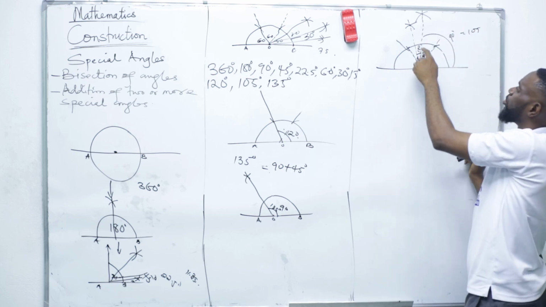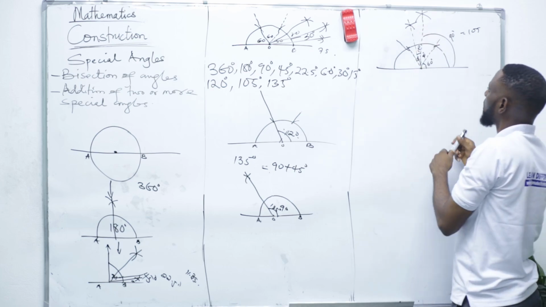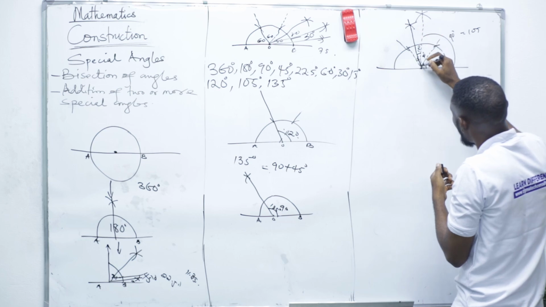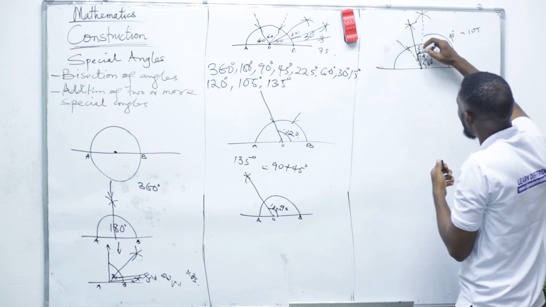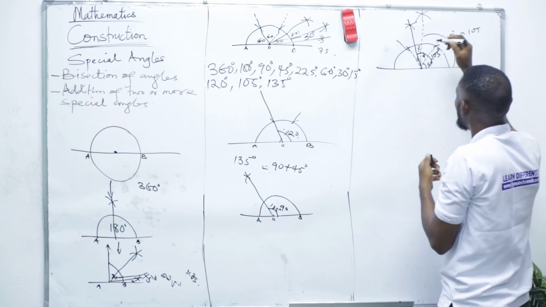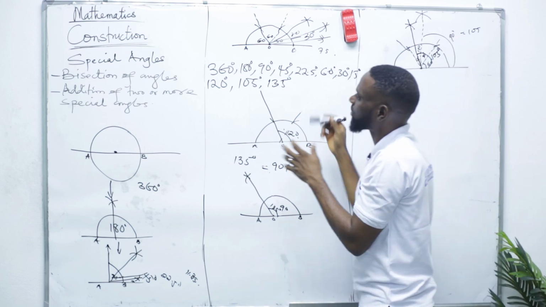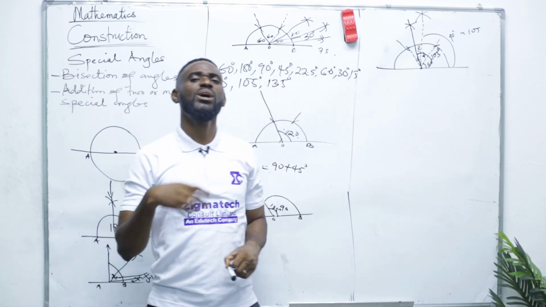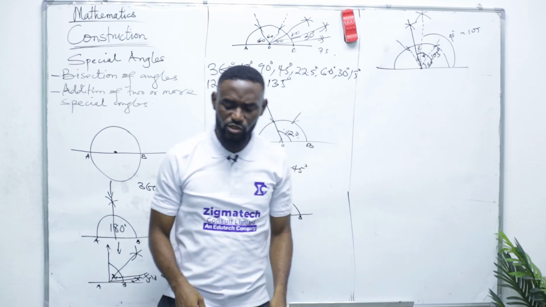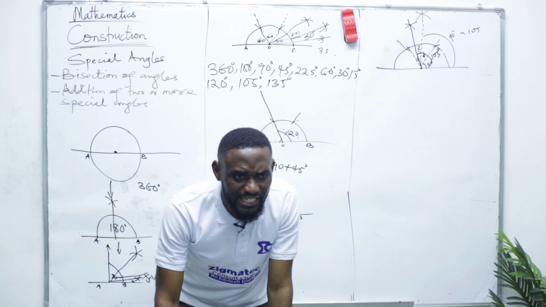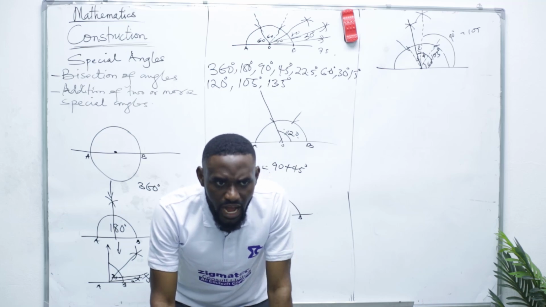Why I use broken lines in all this is that this one now, that is what you're looking for, you can draw it with a bold line, and say from here to here is 105 degrees. That's how to construct that. So those are some of the special angles that we have. We have a couple of questions that we may just have to look at and see how we can answer those questions directly from our past questions.